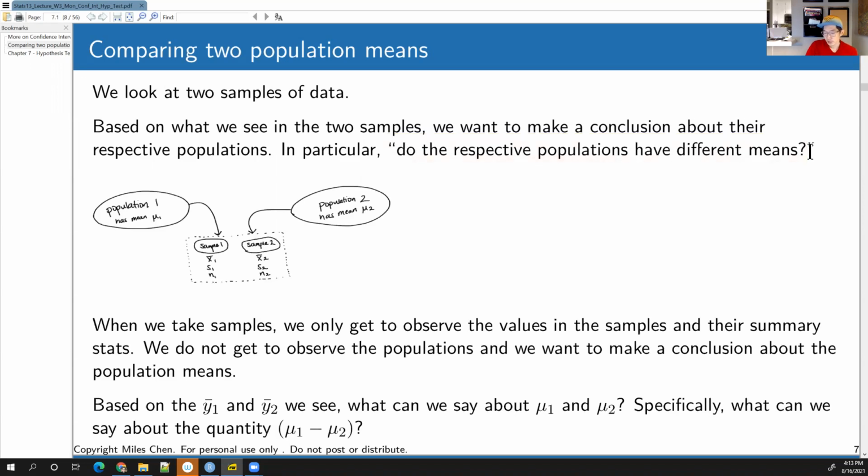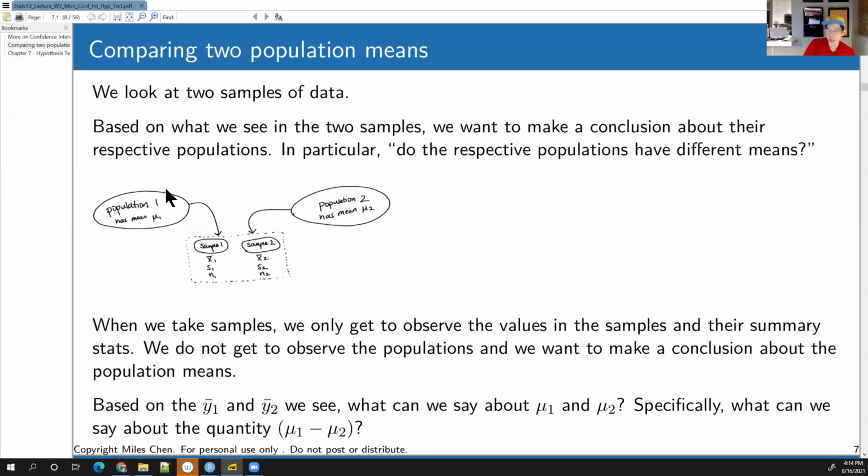Okay. Now, illustratively, this is the idea that we have. You've got population one. Again, the populations are big entities that we are unable to observe directly. So, for example, population one could be everyone from California, and population two could be everyone from Texas.